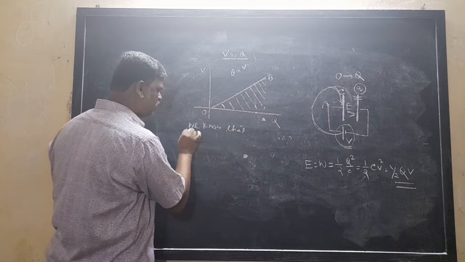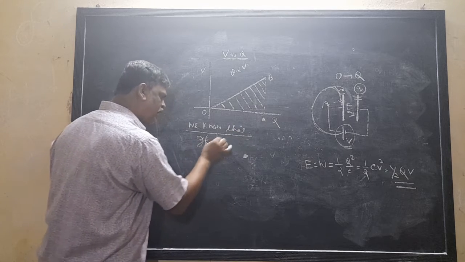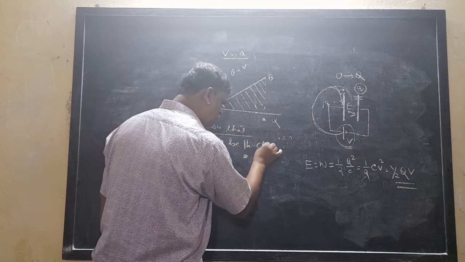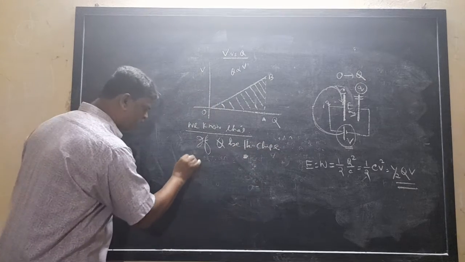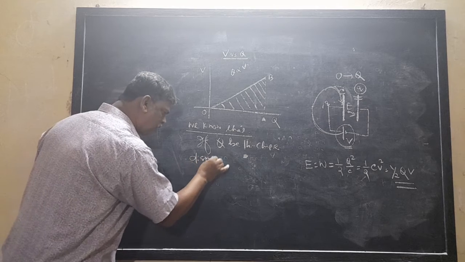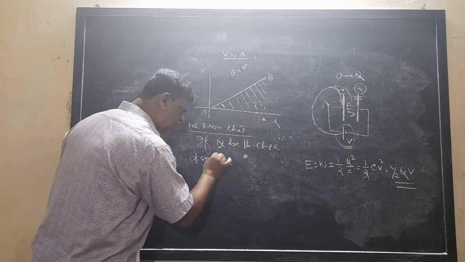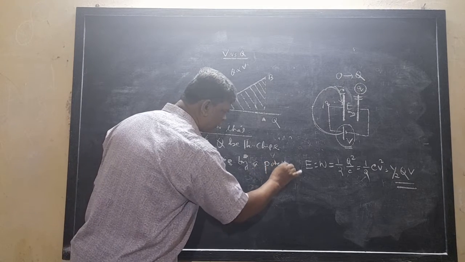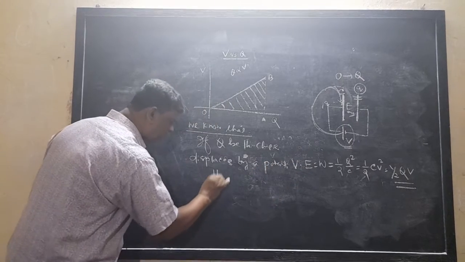If Q be the charge displaced by a potential V, then what is the work done?